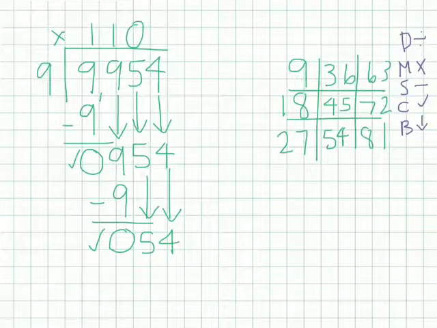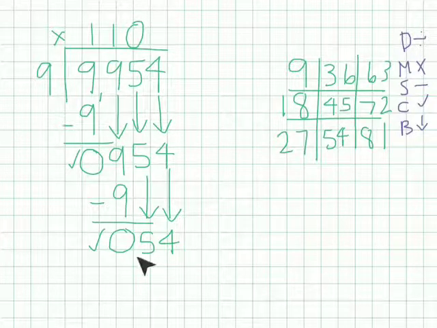I do that because I brought down the 5 in my tens place, and I can't divide 5 evenly into 9 groups, so I need to use the second digit. So I need a placeholder for that up in my quotient. So I just continue with my steps after I bring down and after I've carried that 0 into my quotient.